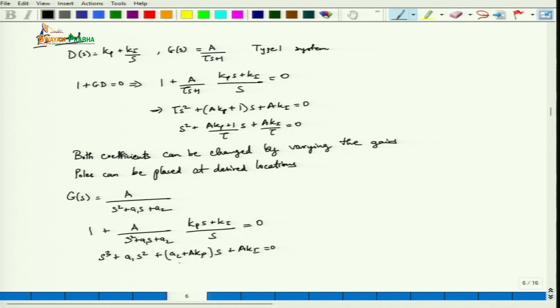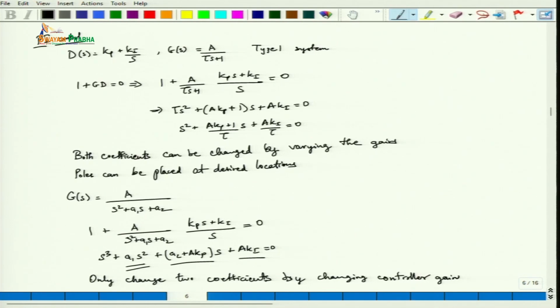So we can change only these two coefficients and not this one, by changing the controller gains. So this PI controller might not be very ideal for this second order system.